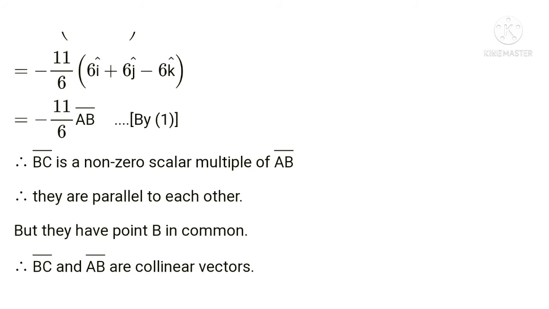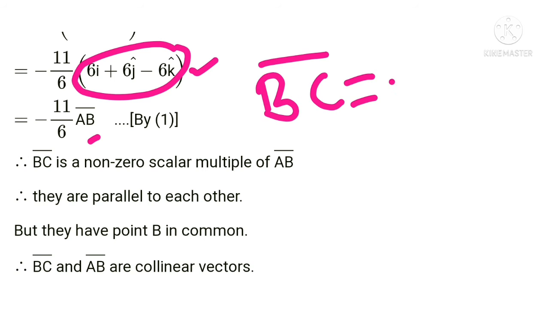Minus 11 upon 6 is common, so we get 6i cap plus 6j cap minus 6k cap. It is nothing but AB bar. So we expressed BC bar is equal to minus 11 upon 6 AB bar.